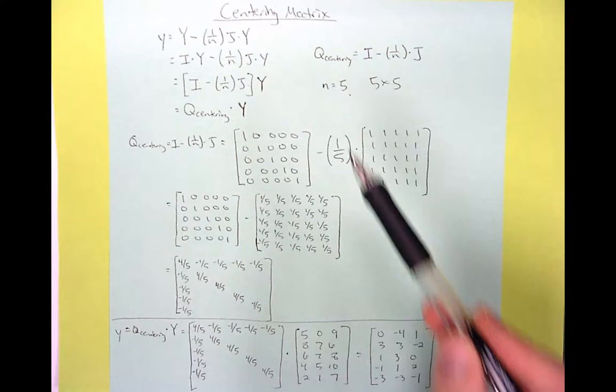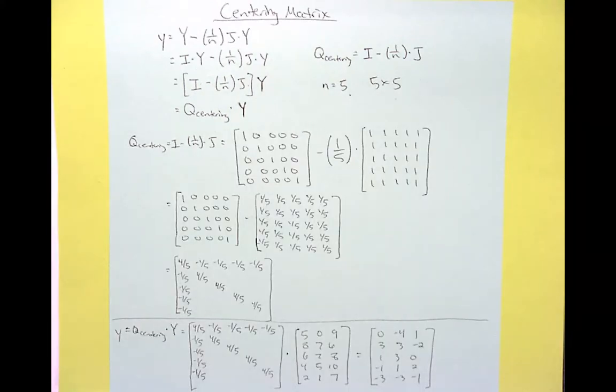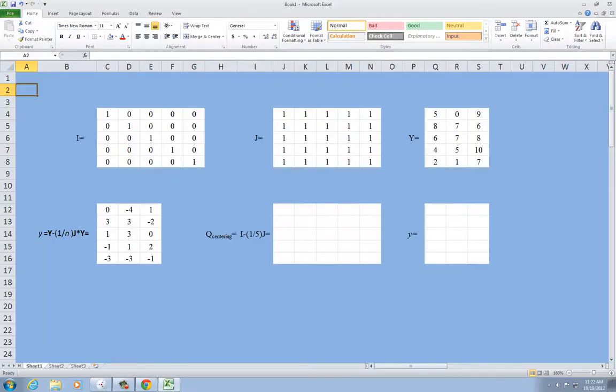Now we've used this Q centering matrix, which centers this matrix Y by turning it into a matrix of deviation scores. So let's show this in Excel. I like it a lot more in Excel because you don't have to write out all these fractions. Okay, so what I did here, I've got our identity matrix set up here, our J matrix, our Y matrix, and right here is what we got from video 3.15 using a J matrix to find deviation scores.